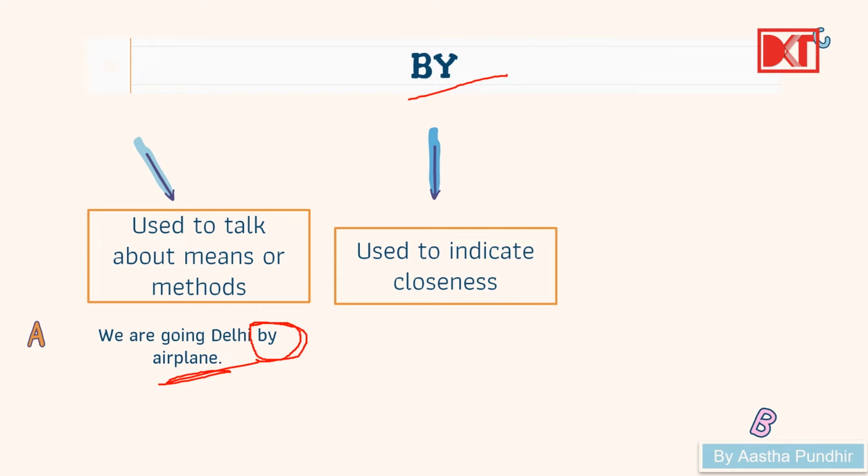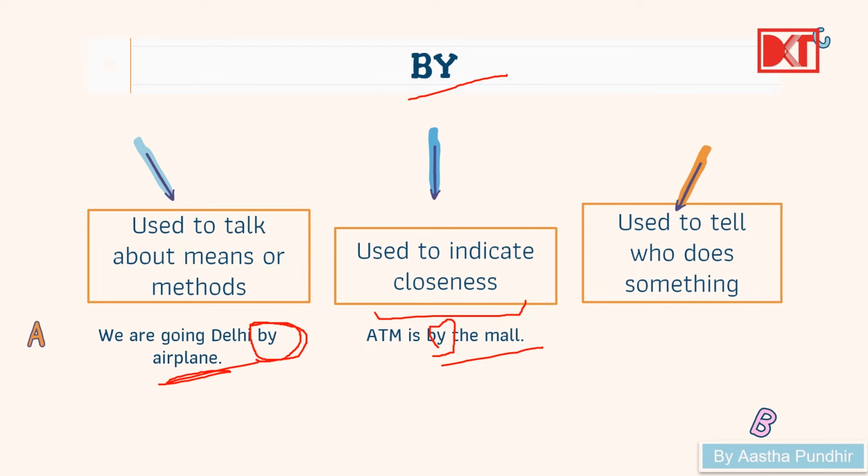It is used to indicate closeness of something. ATM is by the mall. ATM is near to the mall, so we can say by the mall. It is also used to tell who does something. Letter was delivered by the postman. So who did what? The postman delivered the letter. By. These are the various ways in which we can use "by".